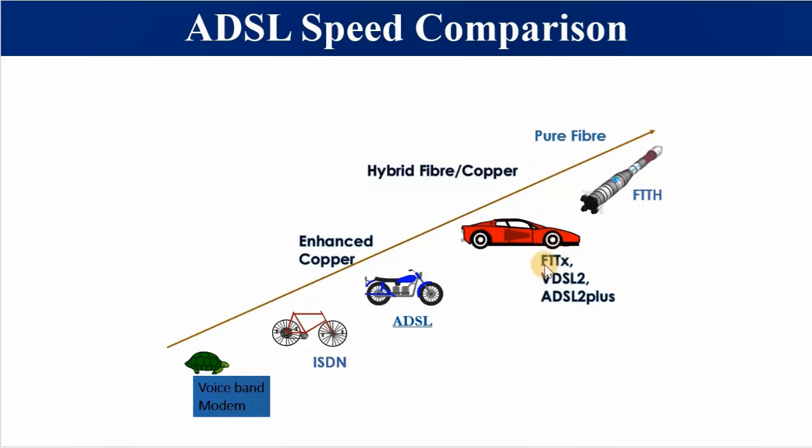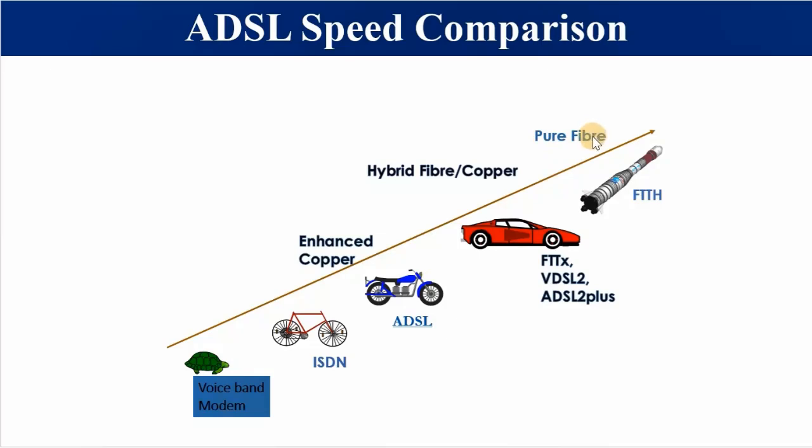Then this stands for FTTX. This is a GPON technology. And please take note that these three are being represented by a hybrid, which means there's a combination of optical fiber and UTP. Then fiber to the home is pure fiber.